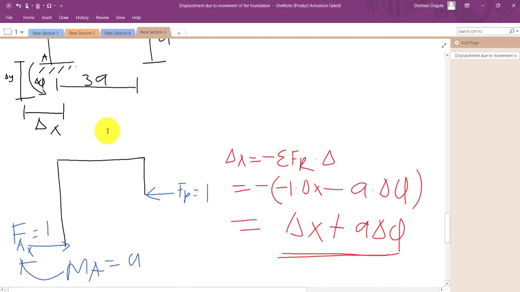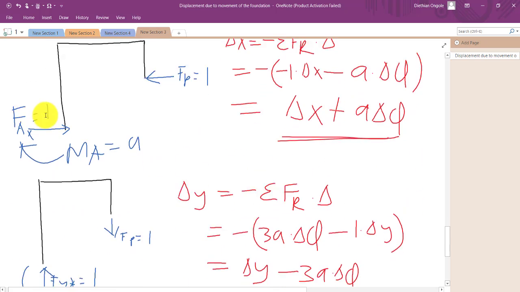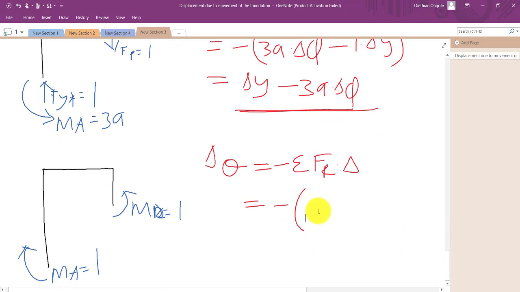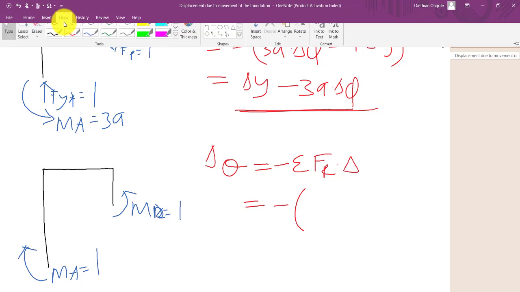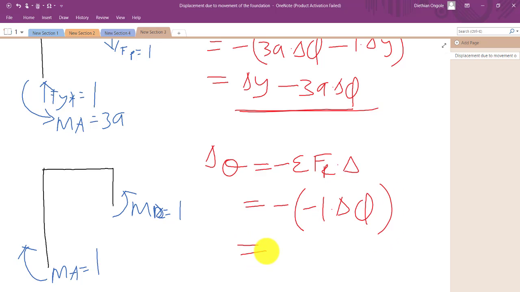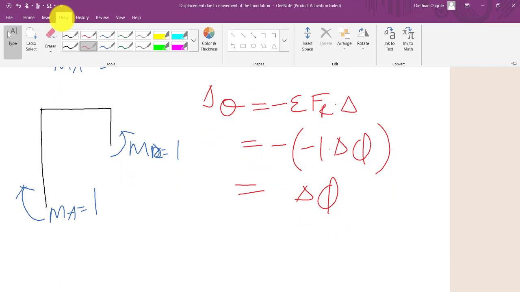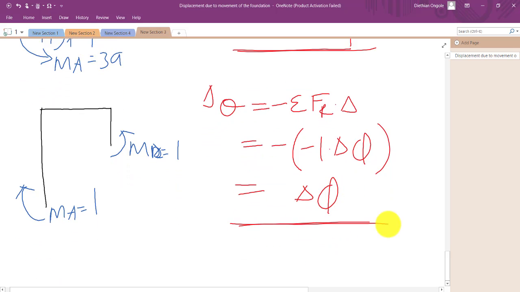We see that it is opposite to the direction of the displacement at the foundation, so therefore it takes on a negative sign. So this would be negative 1 times delta phi. Thus we get our rotation as delta phi. So with this, I guess the calculation of displacements at a foundation has been fully covered. Thank you so much.